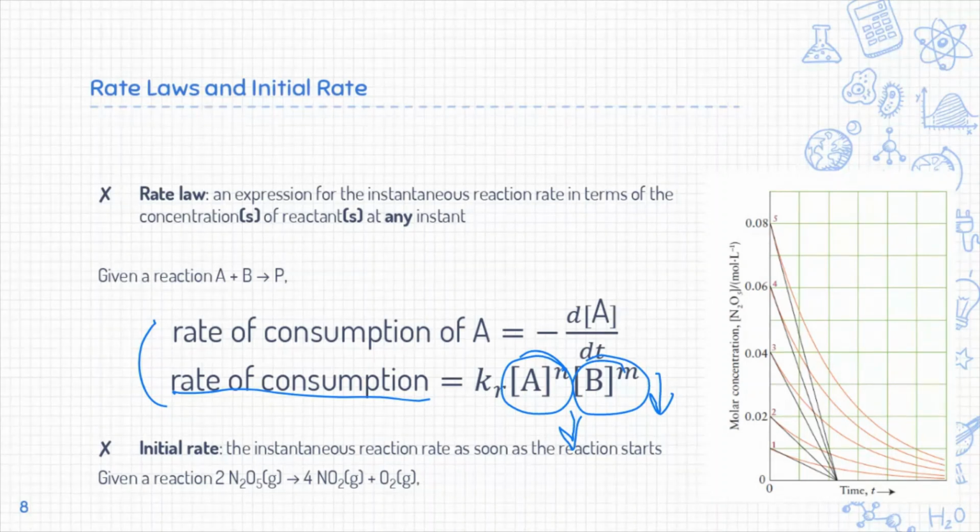What I mean by this is basically the initial rate is proportional to the initial concentration. Now, why does this make sense? Or at least why is this not present at other times? Why does it have to be initial rate?